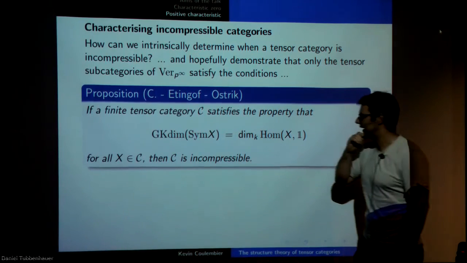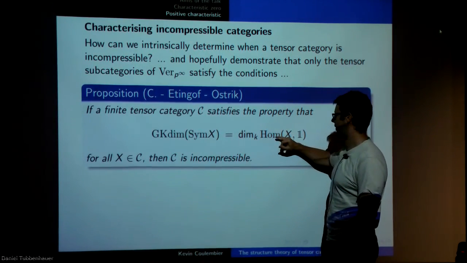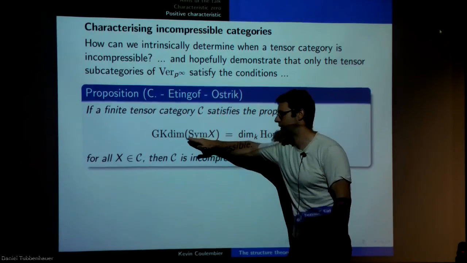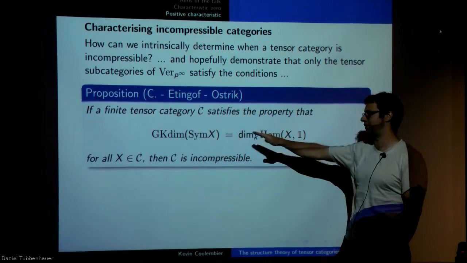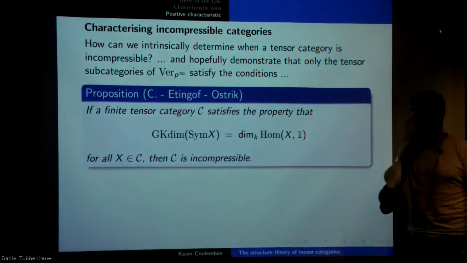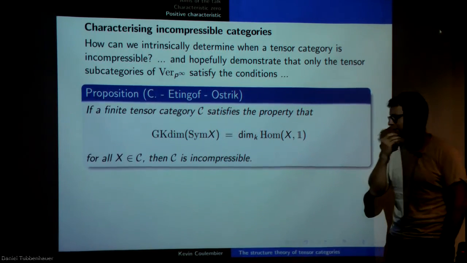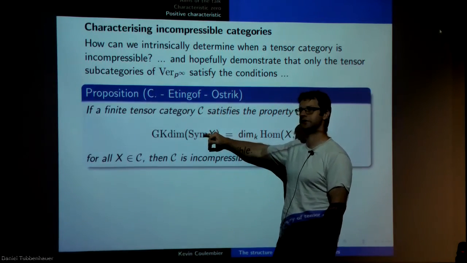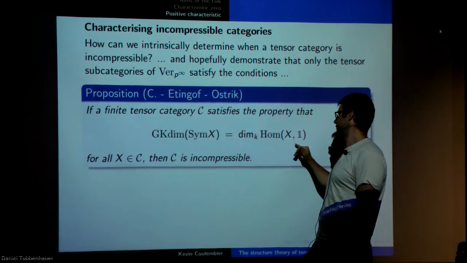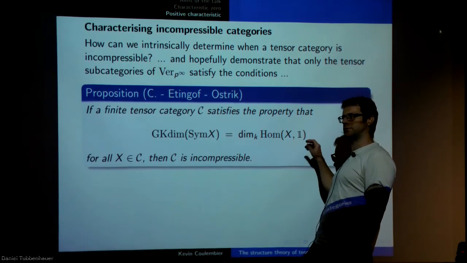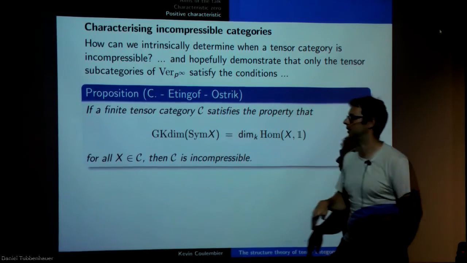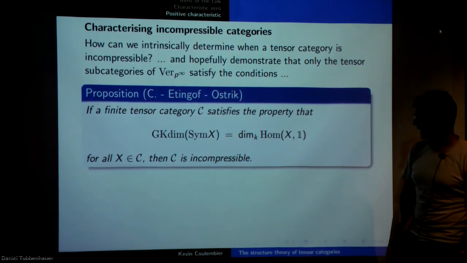And you can quickly check that this is a lower bound of this. Like if the vector space obviously needs to be the same, the dimension of the space is the Gelfand-Kirillov dimension of the symmetric algebra. And you always have a surjection from this symmetric algebra onto the corresponding symmetric algebra of the maximal vector space that is the quotient of your X, which gives you a bound for the Gelfand-Kirillov dimension.